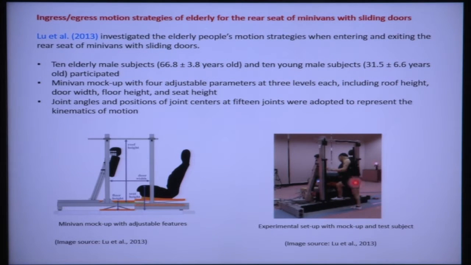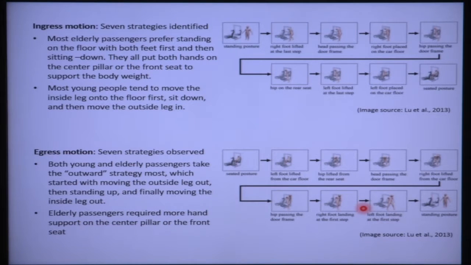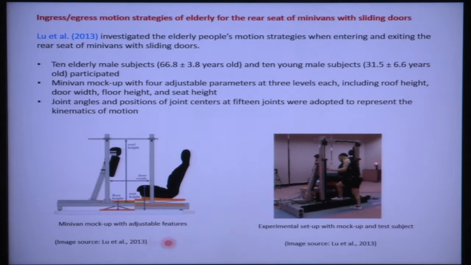So, this is the mock-up, and in the experiment this is the real human subject who is checking that experimental setup. While the driver in that experimental setup is going in and coming out, the data is recorded. While the real driver or elderly person is sitting on the minivan seat or coming out, his joint angles and the position of joint centers at 15 joints are adopted to represent the kinematics of motion.